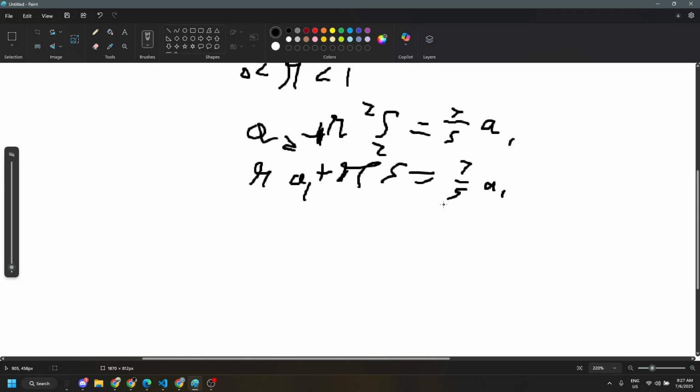Then just move everything to one side. Oh, this is a quadratic. R squared s plus r a1 minus 7 over 5 a1 equals 0.